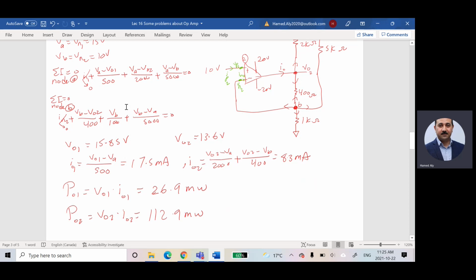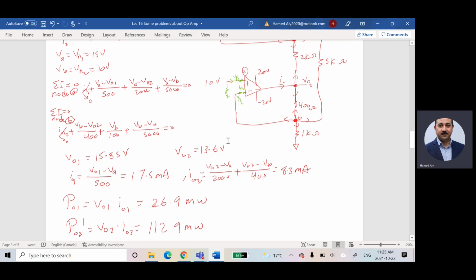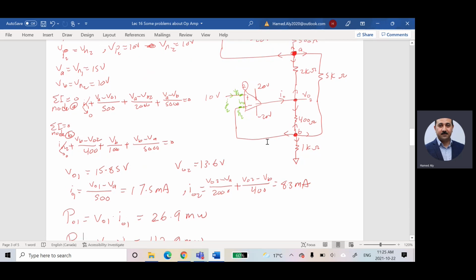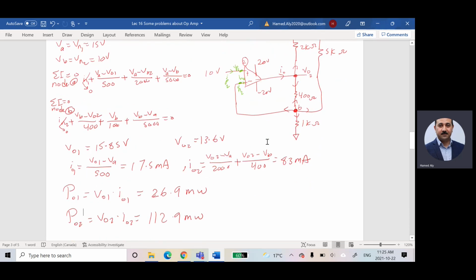What you are seeing here for VO1 and VO2, they are between 20 and negative 20, so I will accept them, and then based on that, I will calculate IO1 and IO2. After calculating IO1 and IO2, I substituted in the equation of the power to calculate PO1 and PO2.